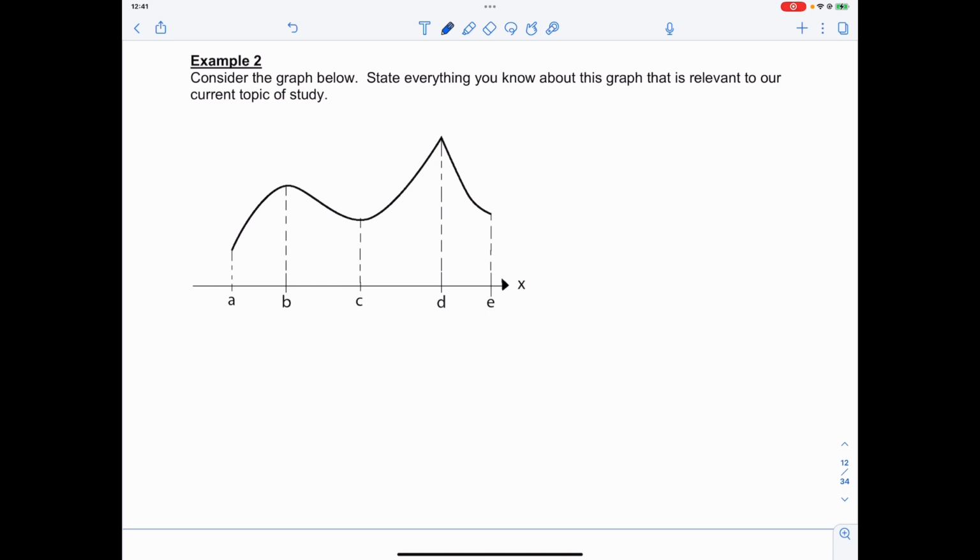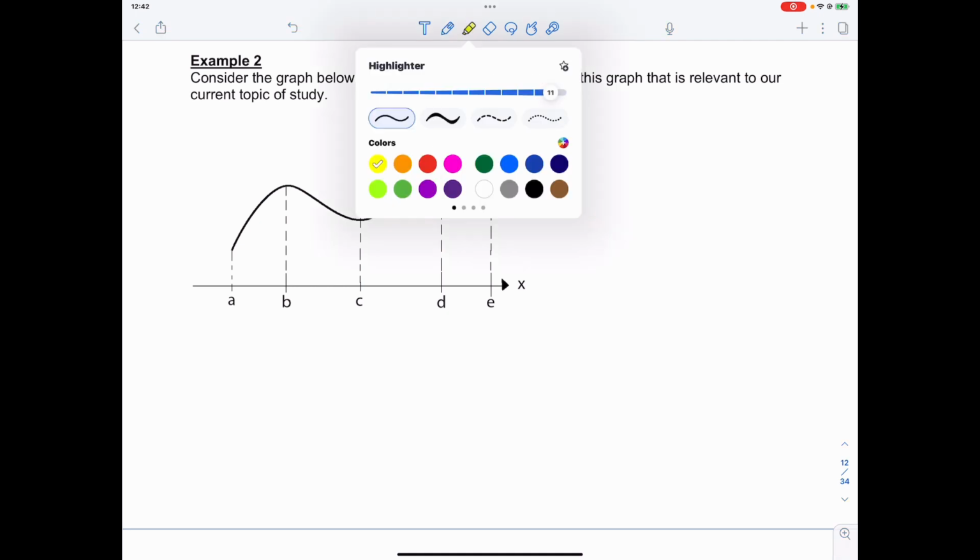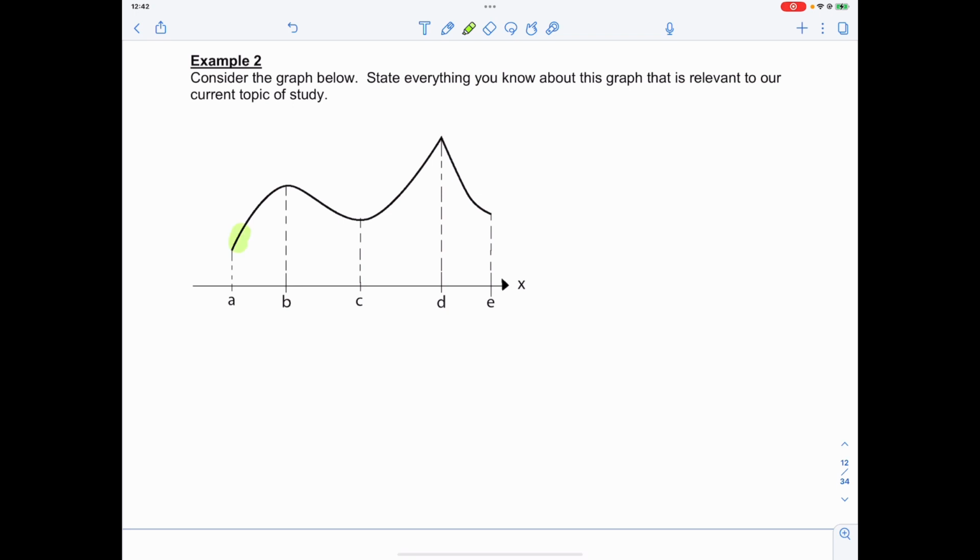For example 2, it says consider the graph below and state everything you know about this graph that is relevant to our current topic of study. Well, I can see that I have a positive slope here. I have a positive slope here. The graph is decreasing here, and the graph is decreasing here.